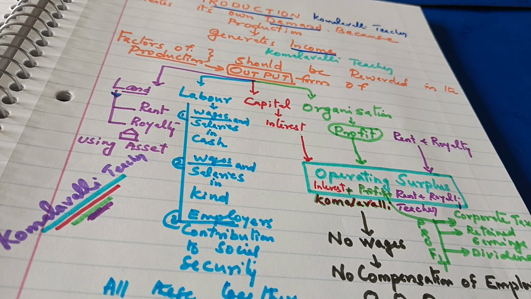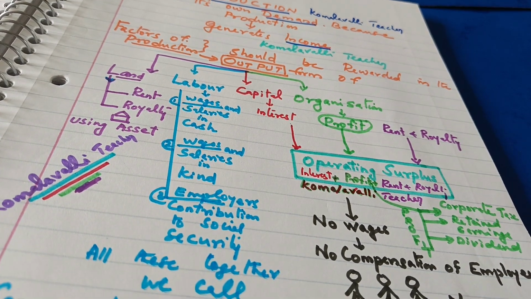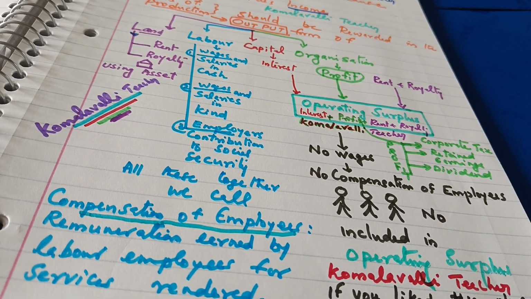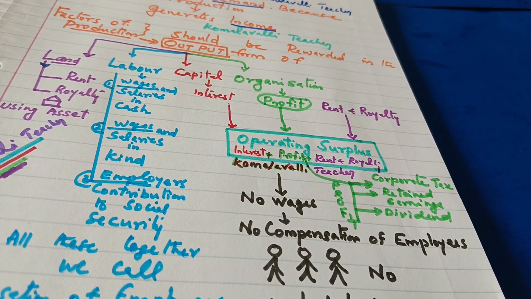The laborer should get wages and salaries in cash, wages and salaries in kind, and employees' contribution to social security. All these are known as compensation of employees. Then for the capital you should get the rate of interest.